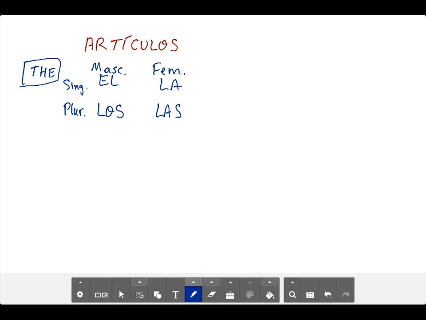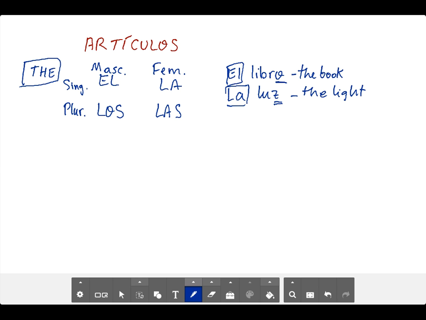So here are some examples. El libro. Notice that libro is masculine, it ends in an O, so we have to use el before libro in order to express the book. And then we have la luz, the light. Luz ends in a Z, so we have la here.